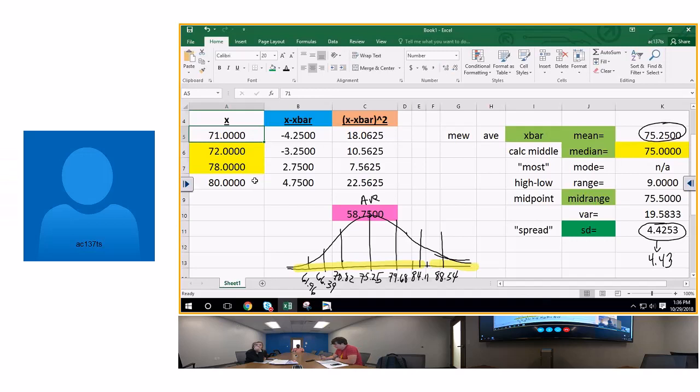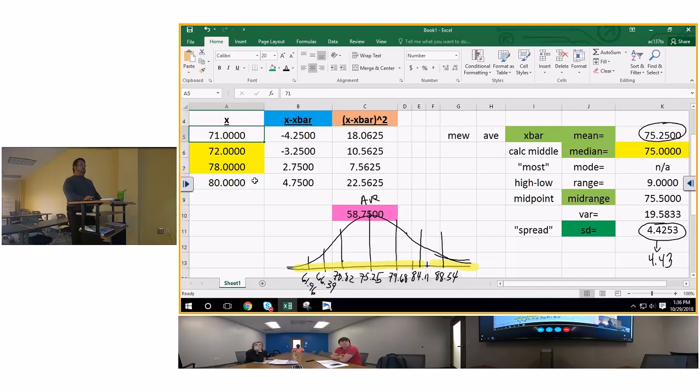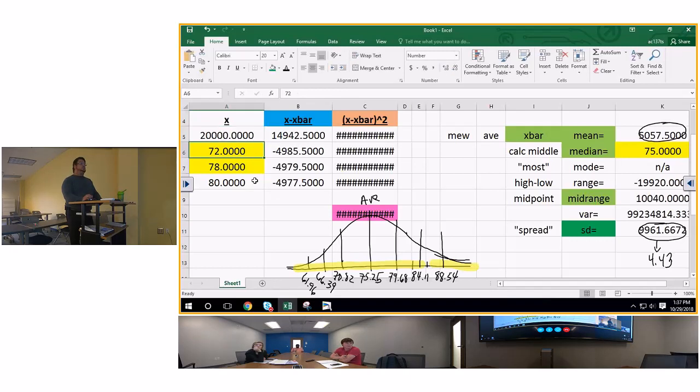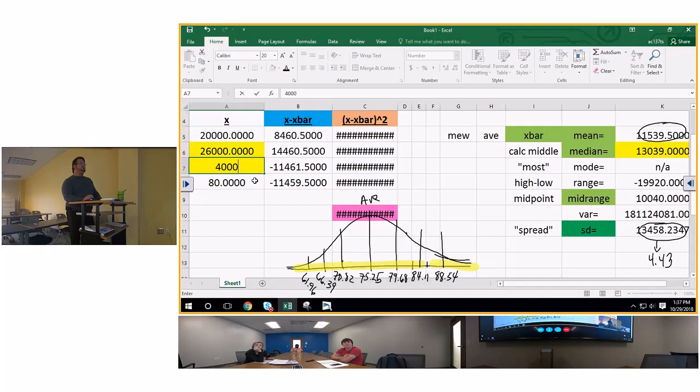Let's say that we found 4 buildings, and let's say that the 4 buildings come out to be $20,000 and $26,000. That's $260,000. And then $4,000. I'm sorry, $40,000. And then $45,000.